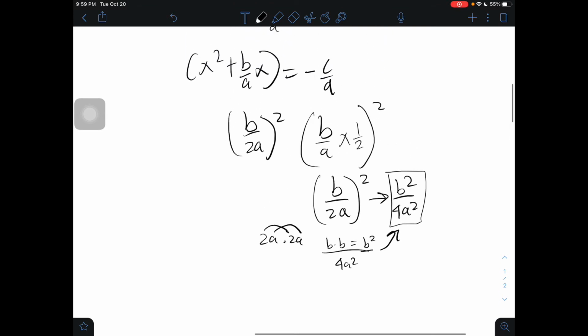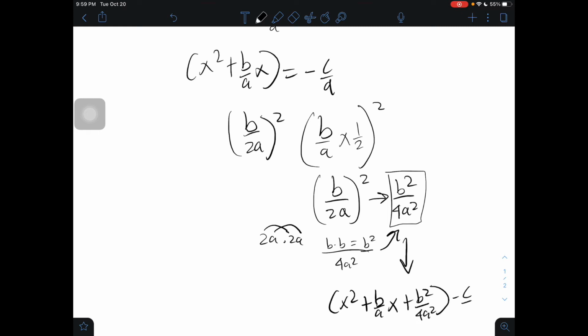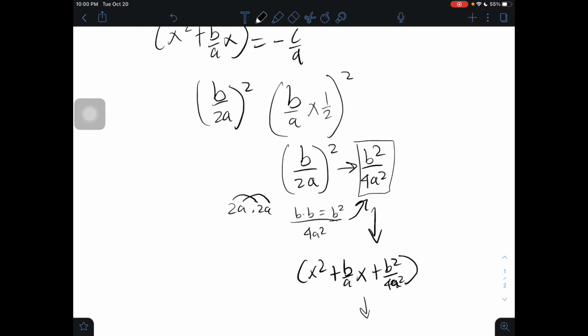So that leaves us with x squared plus b over a x plus b squared over 4a squared on the left. This is going to equal negative c over a plus our b squared over 4a squared. Since we added it to our right side, we have to add it to our left side.